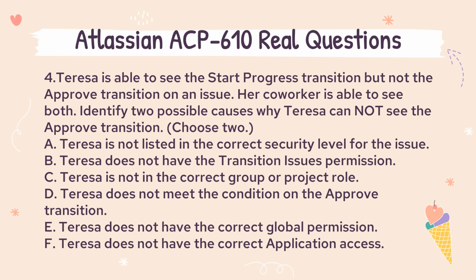C. Teresa is not in the correct group or project role. D. Teresa does not meet the condition on the approved transition. E. Teresa does not have the correct global permission. F. Teresa does not have the correct application access.